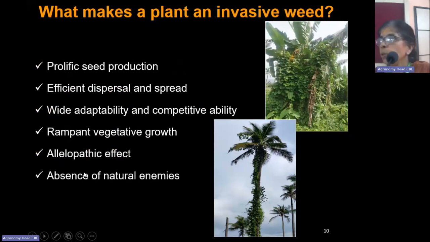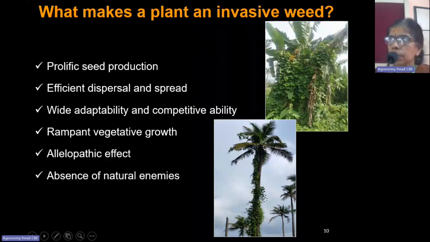Some of them produce allelopathic chemicals, which lead to reduced growth of the accompanying species and help them survive. The absence of natural enemies is an advantage for them, and that is why biological control, the introduction of pests from their native origin area, is important.